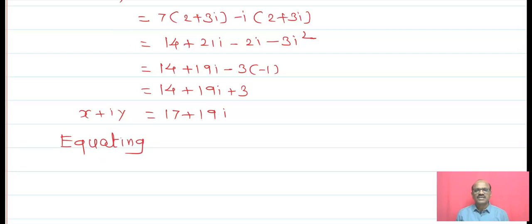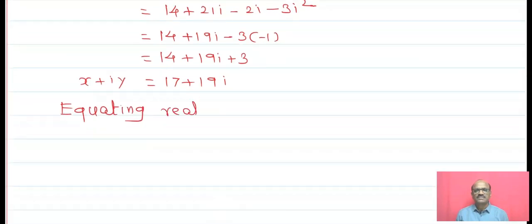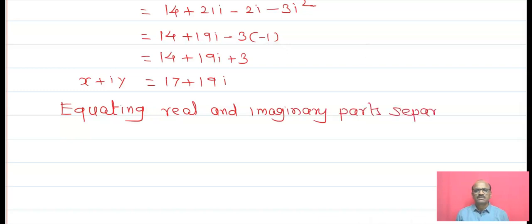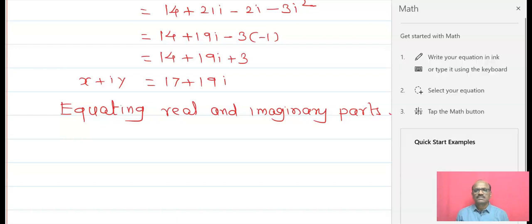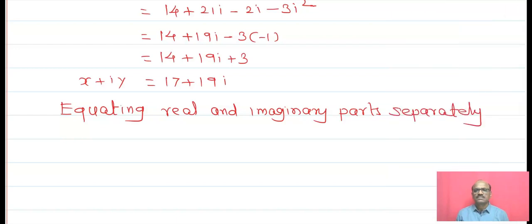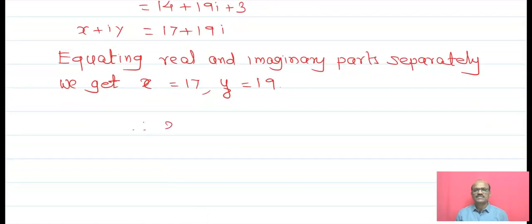Equating the real and imaginary parts, we get x is equal to 17 and y is equal to 19.